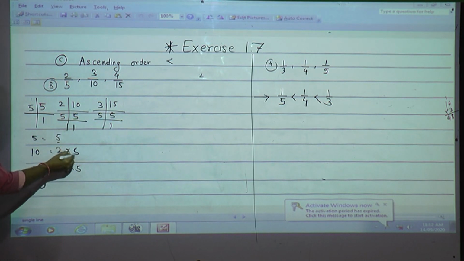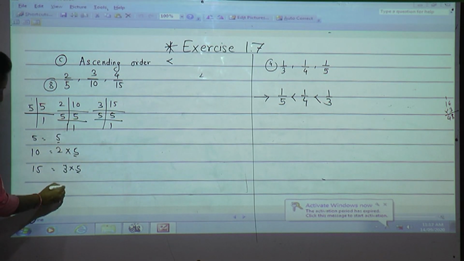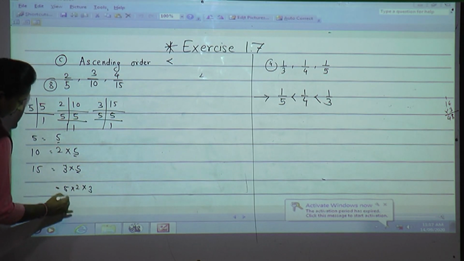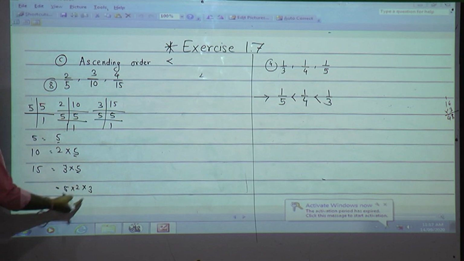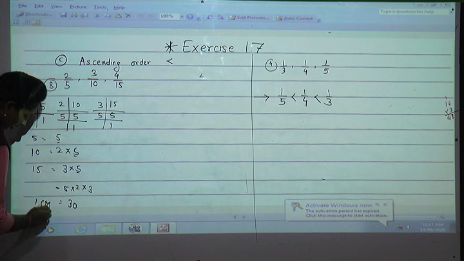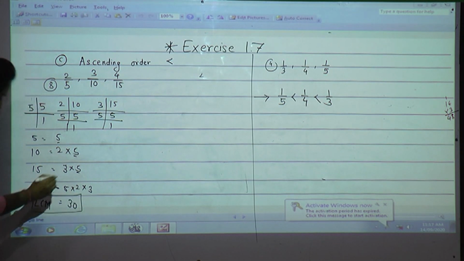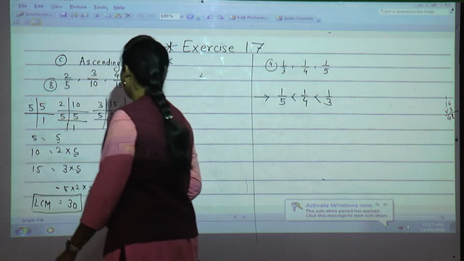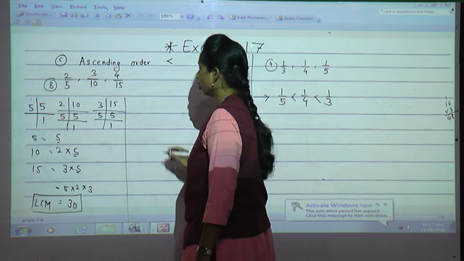What is the common? 5, 5, 5. So we will write only once, that is 5, and the remaining numbers 2 multiplied by 3. 5 2s are 10, 10 3s are 30. So LCM is what? 30.